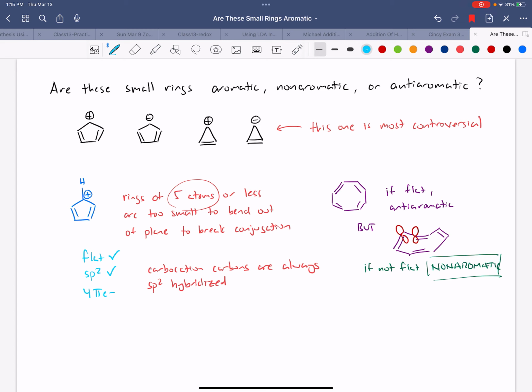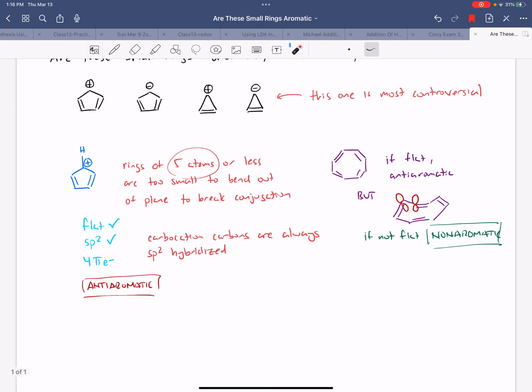Okay, I thought we were headed towards aromaticity, but because there are 4 pi electrons, and because this is flat and all the atoms are sp2, this is definitely anti-aromatic. 4 pi electrons is a non-Huckel number. So this is anti-aromatic. Now, it cannot do the trick that this molecule can do. We thought it was going to be anti-aromatic, but it could bend out of plane to become non-aromatic. Because of this rule here, it's stuck at being anti-aromatic.